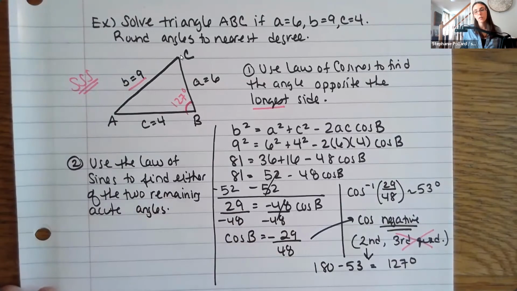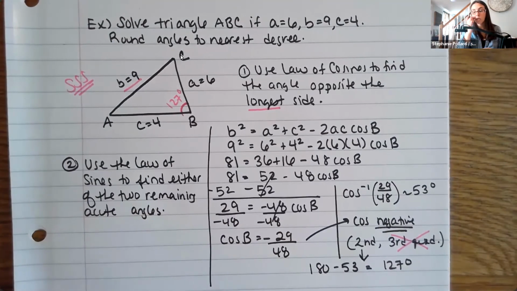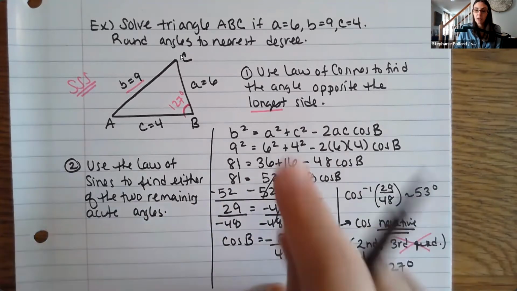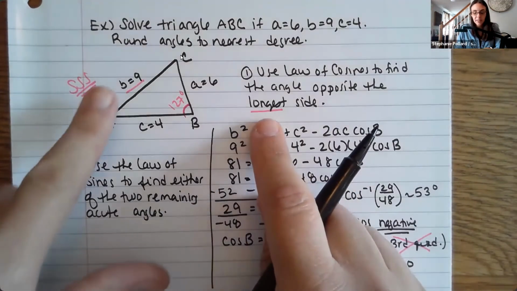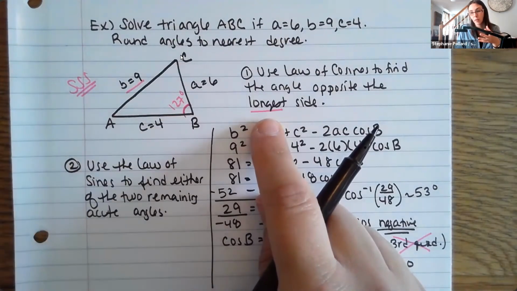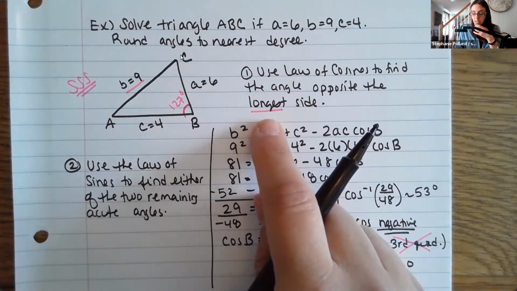Now, the last two angles will be acute. If you have an oblique triangle, either all three angles are acute or one is obtuse and two are acute. Because we specifically focus on the longest side, the longest side is across from the longest angle. So that's the only one that could potentially be obtuse. It doesn't have to be, but it could. Here it was.